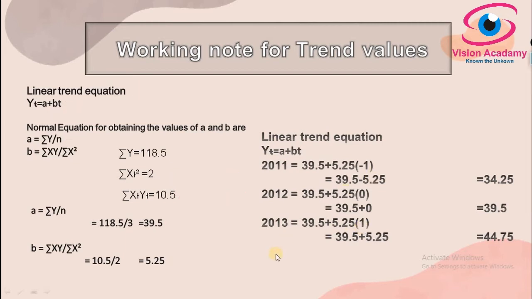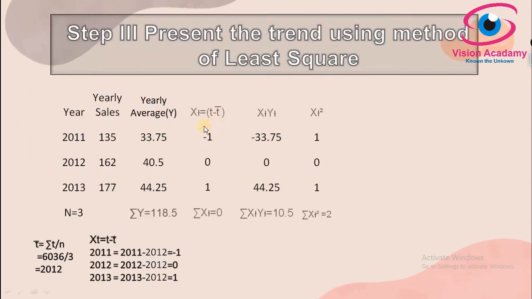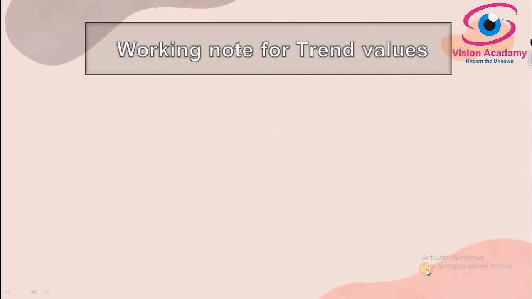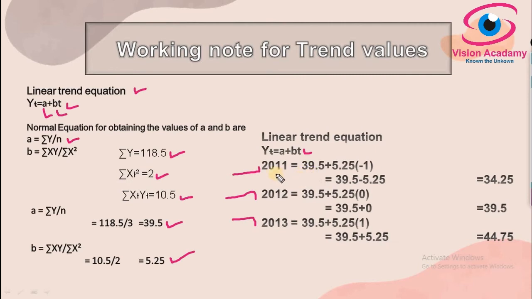So this is simply the X value, sorry, the Xt value. Here the X value for 2011 is -1, for 2012 it is 0, for 2013 it is 1. So we can now calculate using the trend deviation. For 2011, 39.5 plus 5.25 into -1 is 39.5 minus 5.25, which is 34.25.